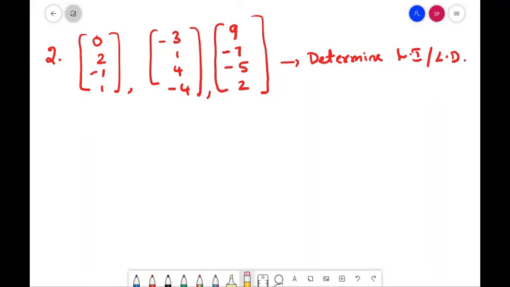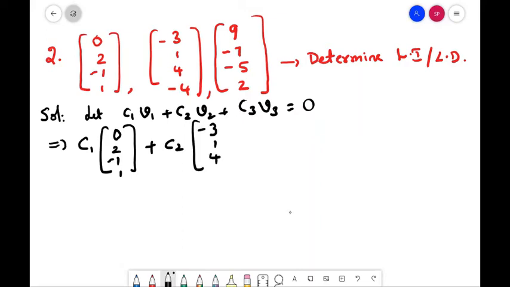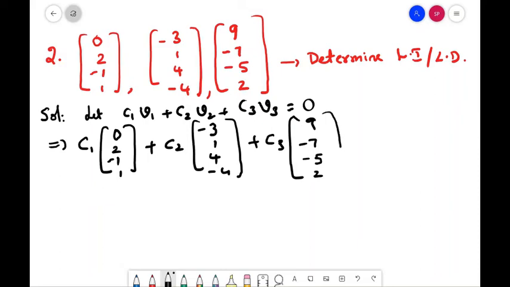So for this I will write the solution. The given vectors I will take as v1, v2, v3. Let c1 v1 plus c2 v2 plus c3 v3 is equal to 0, which implies I will have c1 into 0, 2, minus 1, 1 plus c2 into minus 3, 1, 4, minus 4 plus c3 into 9, minus 7, minus 5, 2, which is equal to 0, 0, 0, 0, because it is the zero vector in R4.